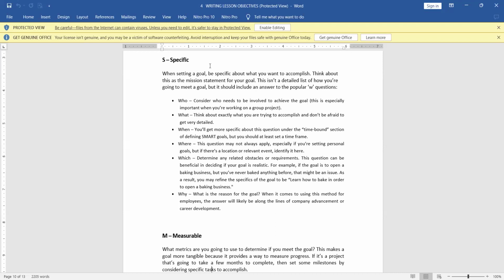So in your objectives, you don't have to say at the end of the lesson, students will be able to use appropriate pronouns. That is wrong. It's not specific. So you're going to say, at the end of the lesson, students will be able to use object pronouns appropriately. You're going to be very specific.